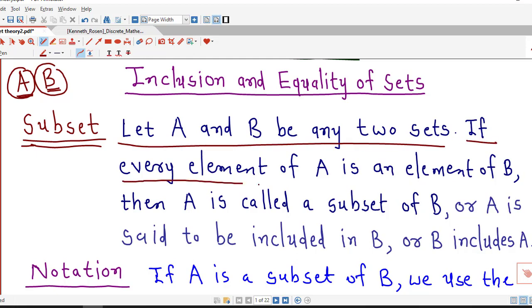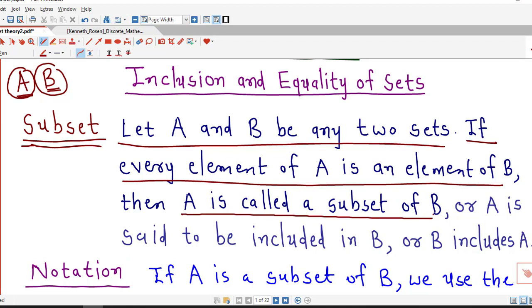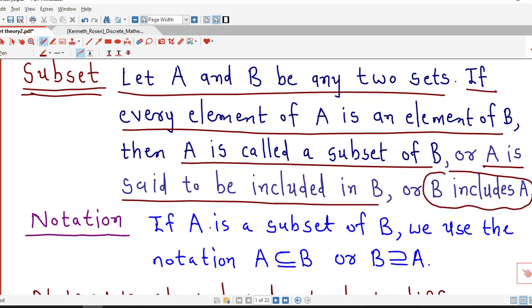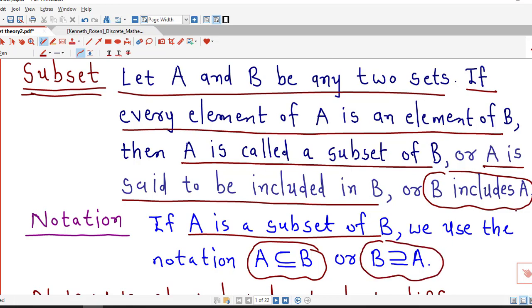If every element of A is an element of B, then A is called a subset of B, or A is said to be included in set B, or we can say that set B includes set A. We use the notation A is a subset of B, or A is included in B, or B includes A. Either B includes A or A is included in B, both are equivalent. So this is the meaning of inclusion.